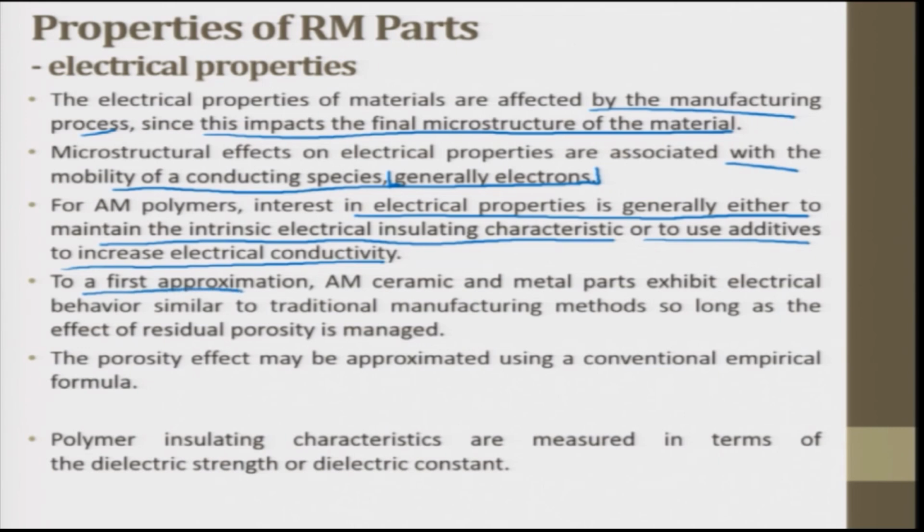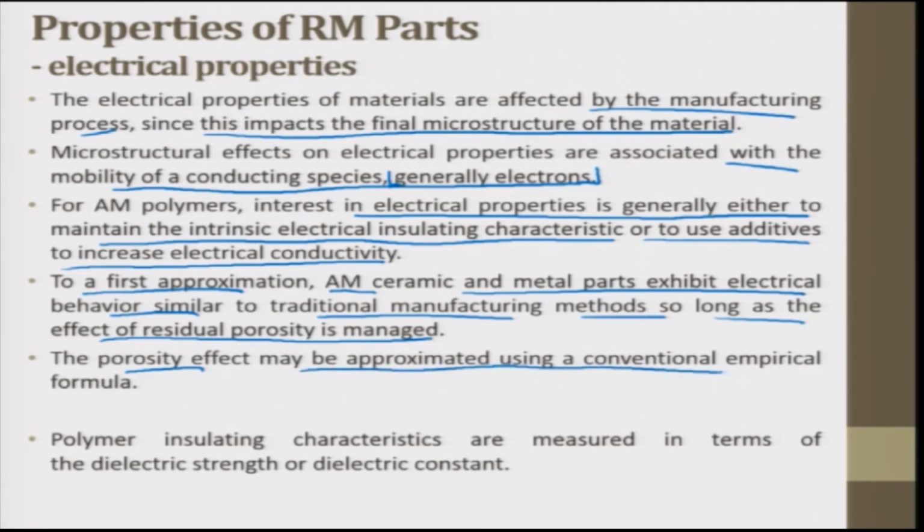To a first approximation, additive manufactured ceramics and metal parts exhibit electrical behavior similar to traditional manufacturing methods so long as the effect of residual porosity is managed. The porosity effect may be approximated using a conventional empirical formula. Polymer insulating characteristics are measured in terms of the dielectric strength or dielectric constant.